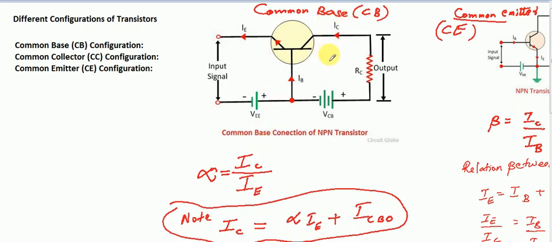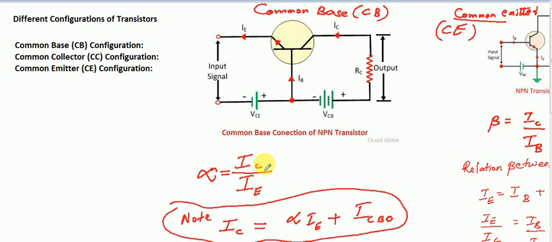Whatever the configuration, the definition of current amplification factor is the ratio of output current to input current. So the current amplification factor alpha is IC divided by IE. This is the expression for current amplification factor in common base configuration.